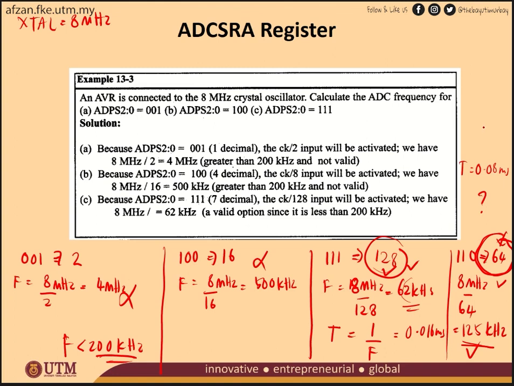For the conversion speed, the lower the conversion time, the faster the conversion speed, the better, because you get the result faster. So this one is faster compared to that one. So it is better to take the 64 prescaler.